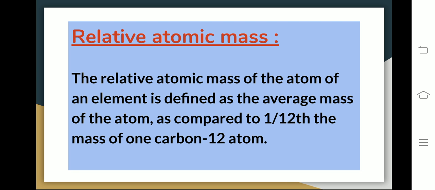The relative atomic mass of an element is defined as the average mass of the atom as compared to 1/12 the mass of one carbon-12 atom. So we always find out the relative atomic mass, because to calculate the atomic mass of every element, we have to compare its mass with that of the carbon-12 isotope.